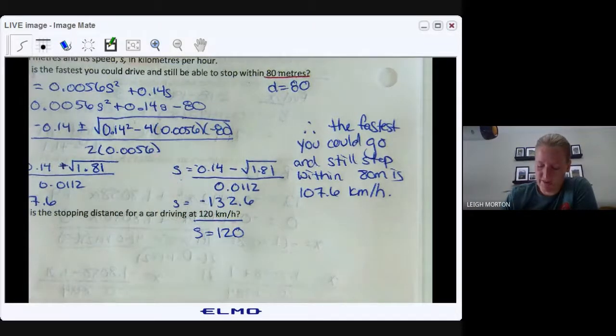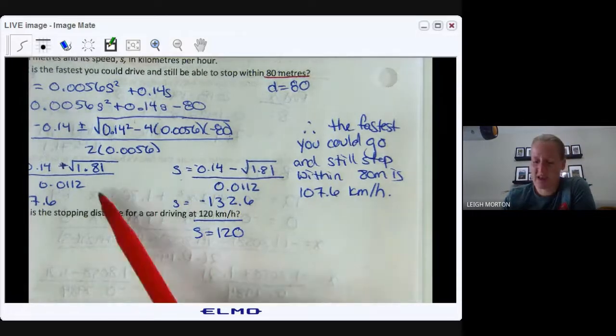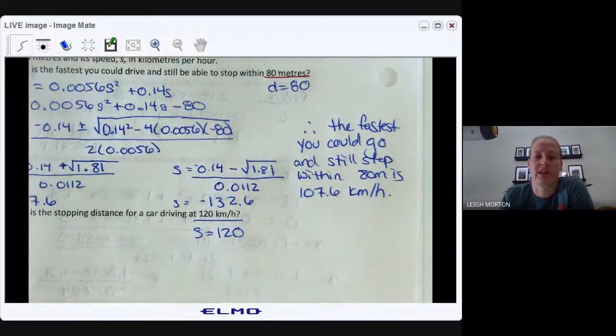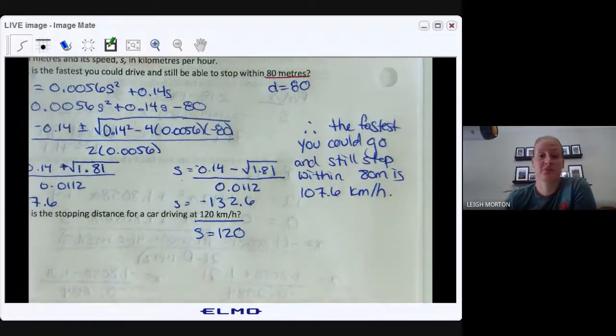So 0.14 squared minus 4 times 0.0056 times negative 80 gives me 1.8116, and I rounded it to 1.81. And sorry, this is why you have to keep significant space between you and the car in front of you, because it takes a long time to stop the faster you go.